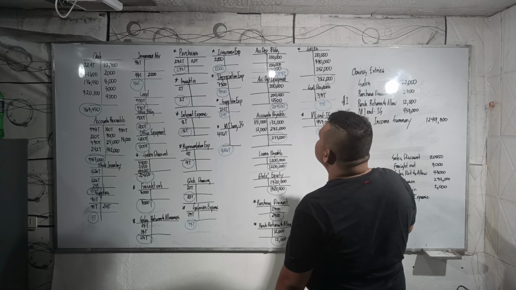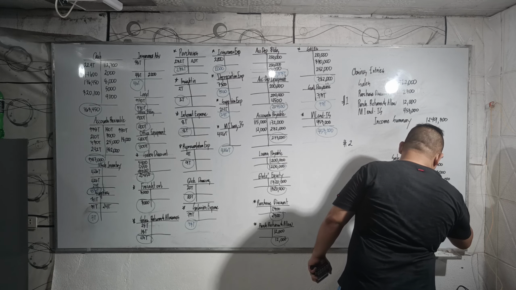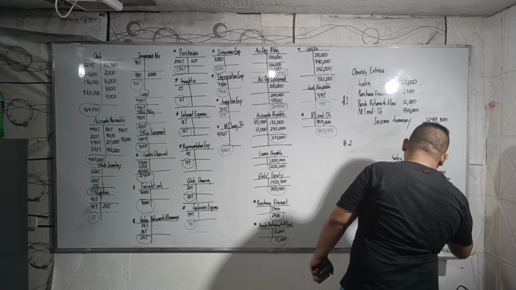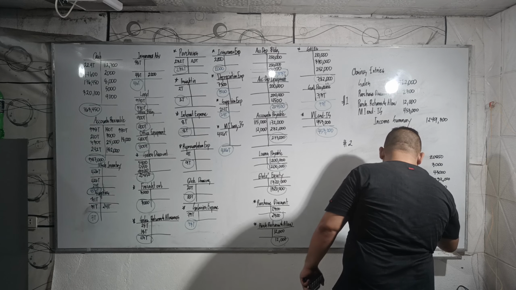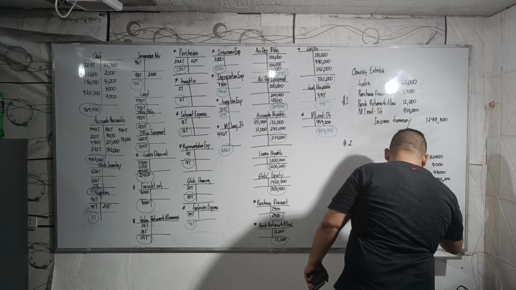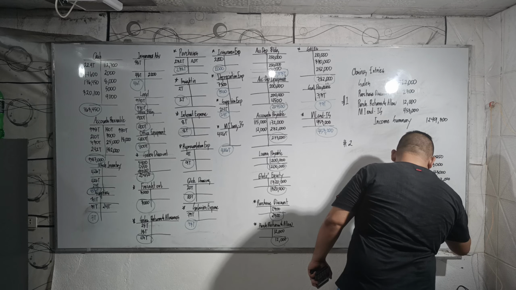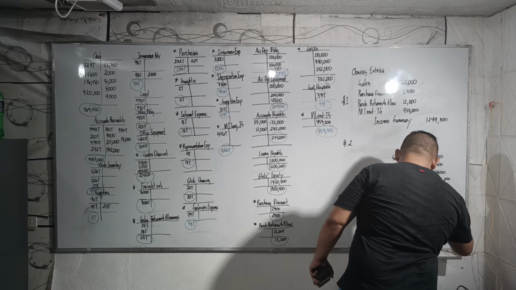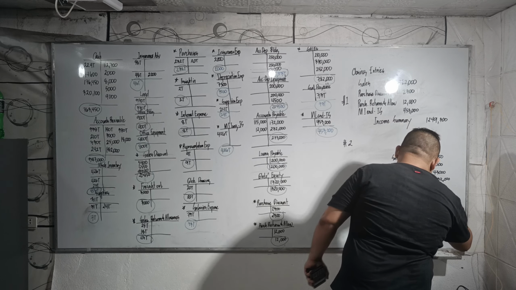Interest expense is 8,000. Next is representation expense. I guess we will need more space. It's 9,000.